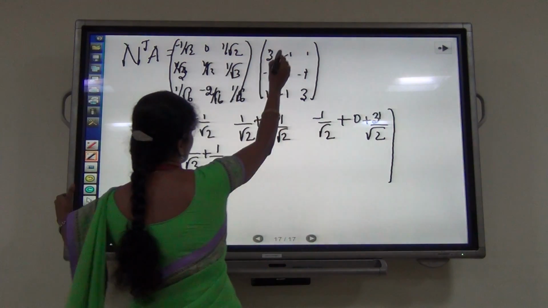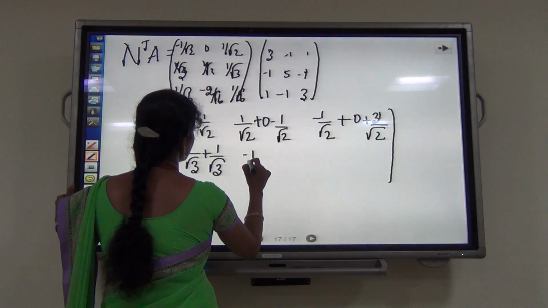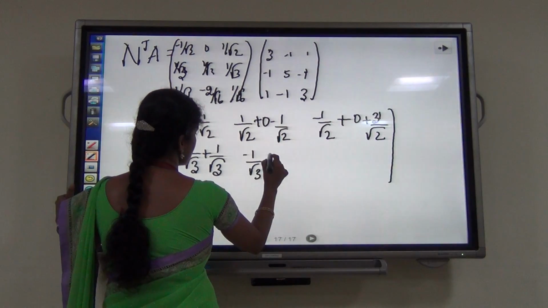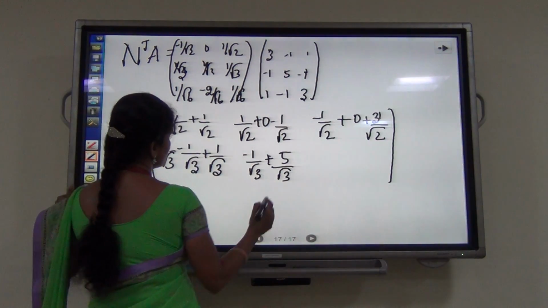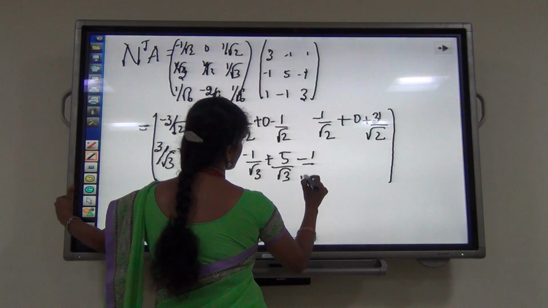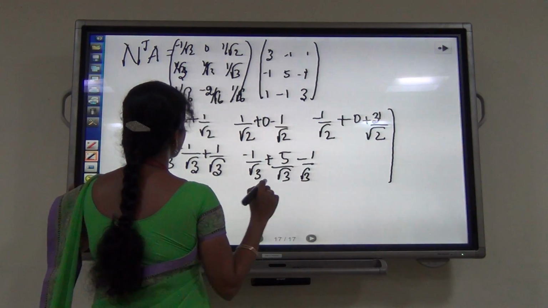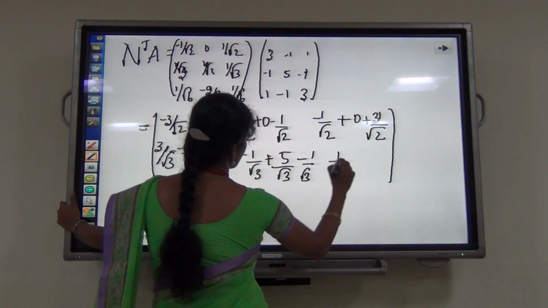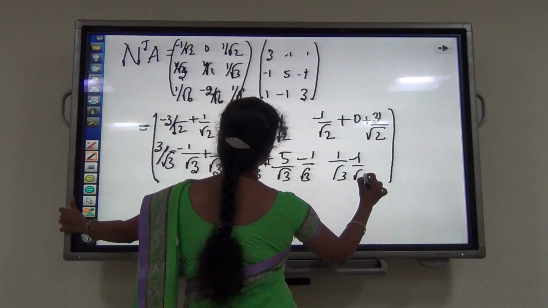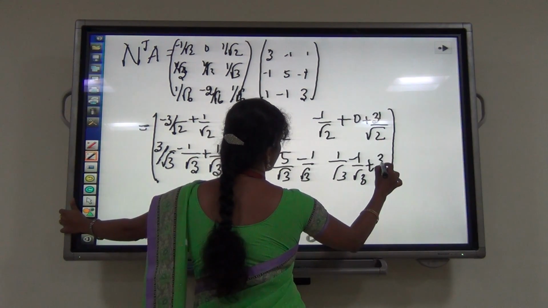This is also 3, not 6, it is root 3. The second row with the second column: minus 1 by root 3 plus 5 by root 3 minus 1 by root 3. And the last one is 1 by root 3 minus 1 by root 3 plus 3 by root 3.